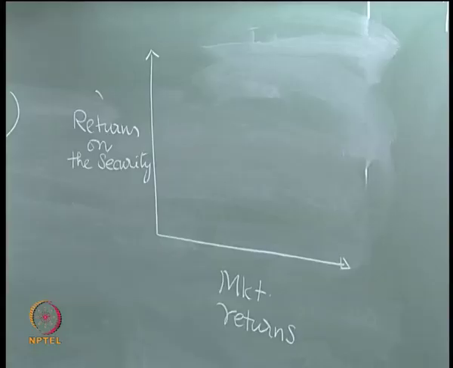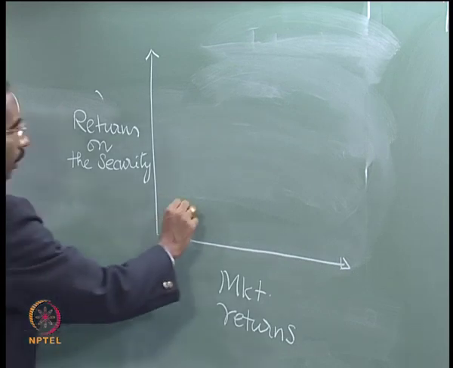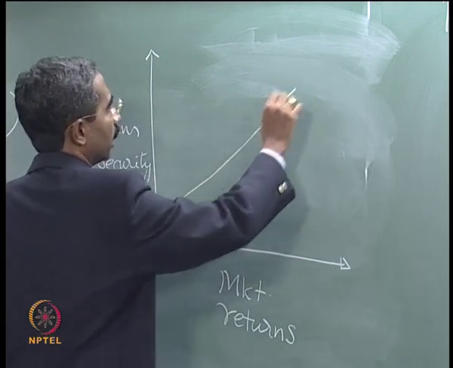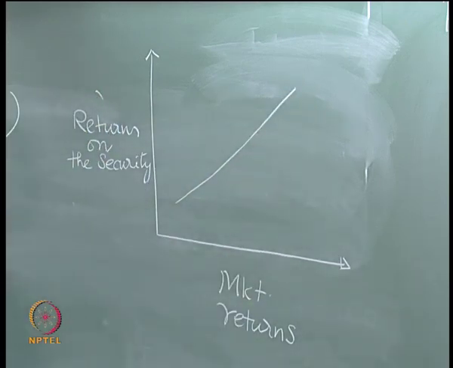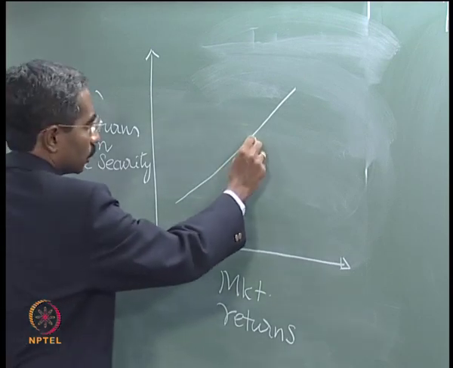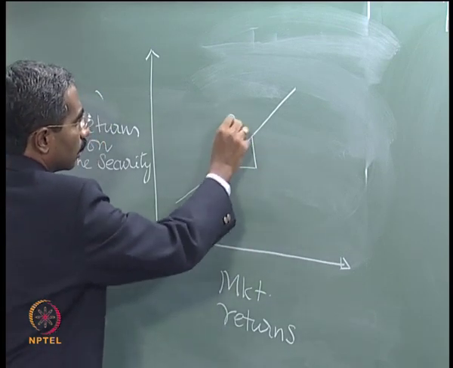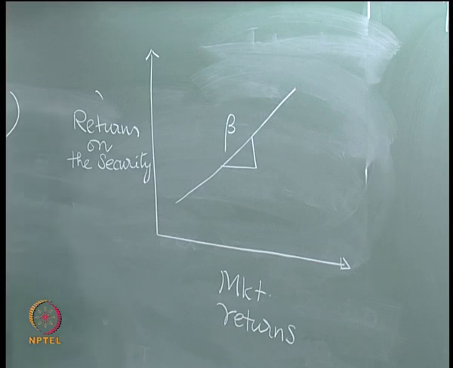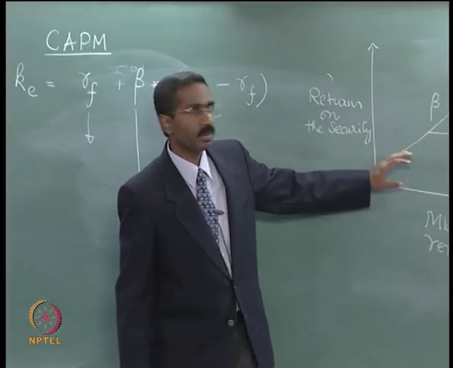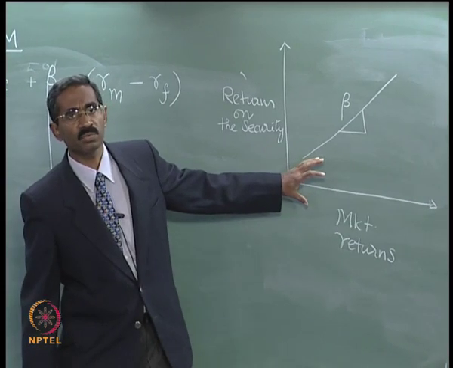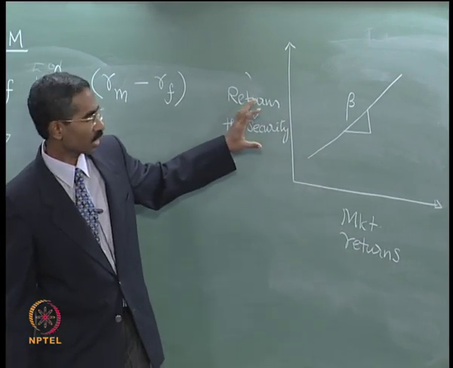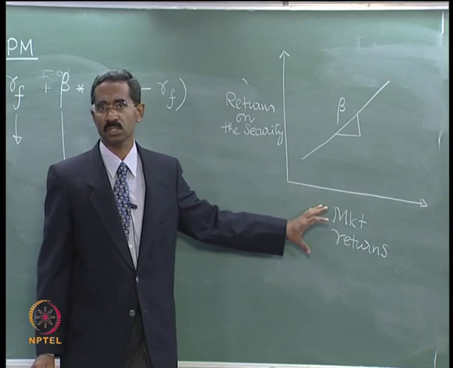If we plot a graph between the market returns and the returns on the security over a period of time, we could probably get a line something like this, and the slope of this line is tentatively the beta. So this measures the sensitivity of the security's return as compared to the market returns.